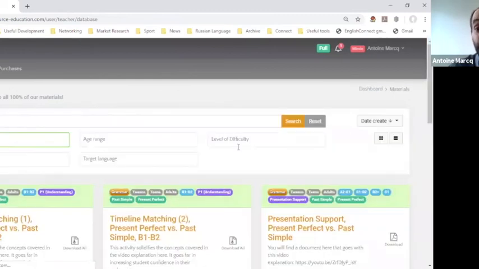Timeline matching. It's useful for students if you're using textbooks that teach present perfect in different lessons, for instance, one on past simple versus present perfect, one other lesson on already, yet. Then I recommend the timelines.